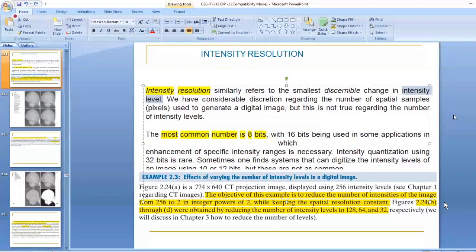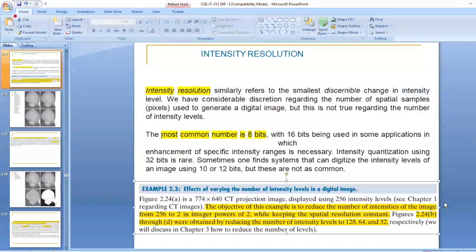Okay, so we have considered discrimination regarding the number of spatial samples, pixels, used to generate a digital image, but this is not true regarding the number of intensity levels. Important things to remember, listen here. The most common number is 8 bits, with 16 bit being used in some applications. Bits enhancement of specific intensity ranges is necessary. Intensity quantization using 32 bit is rare. Okay.